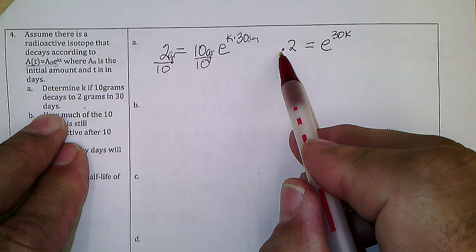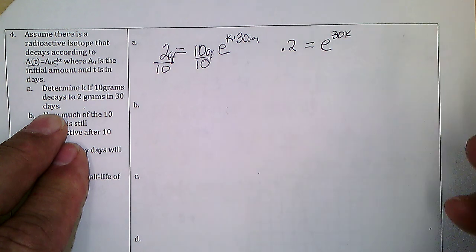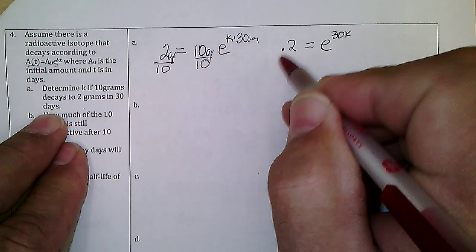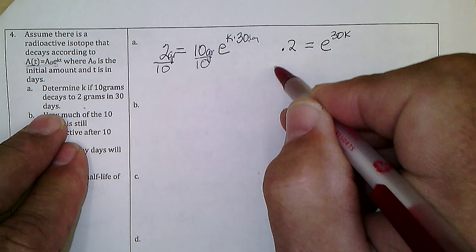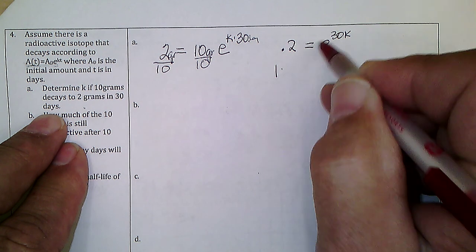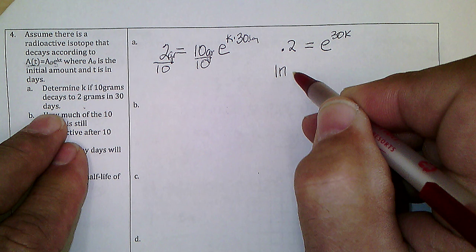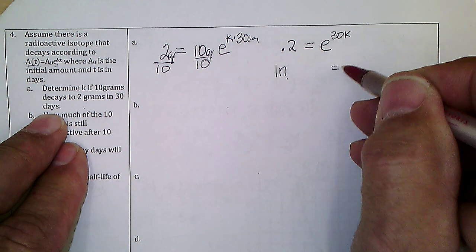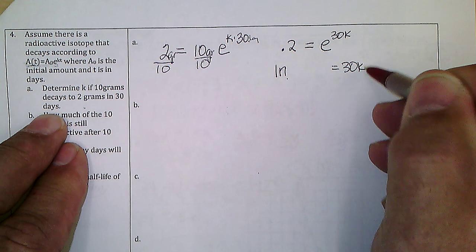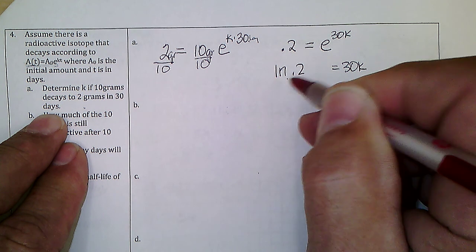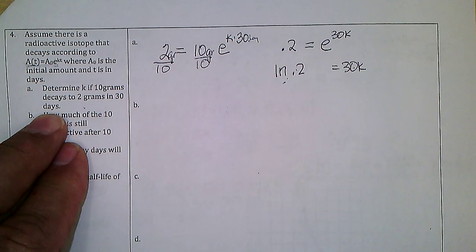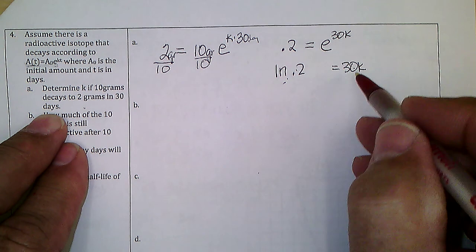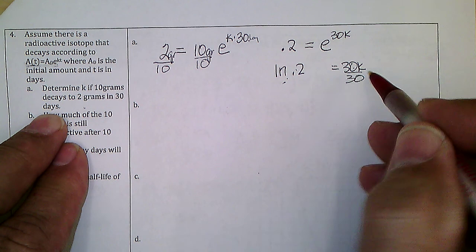Remembering the 30 is in days. So now we need to solve for a power, so we change it to a log. The base is e, so we go ln, and so e to the 30k is 0.2. Now to solve for k, we divide by 30.